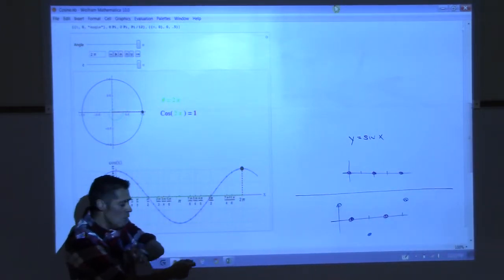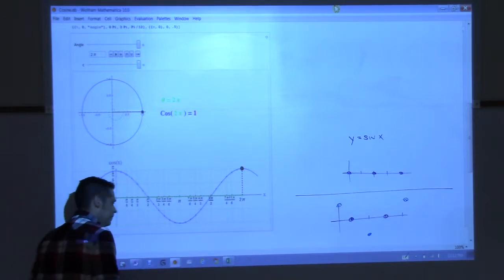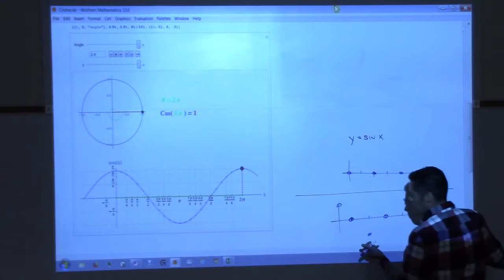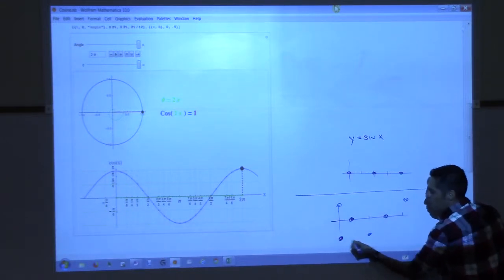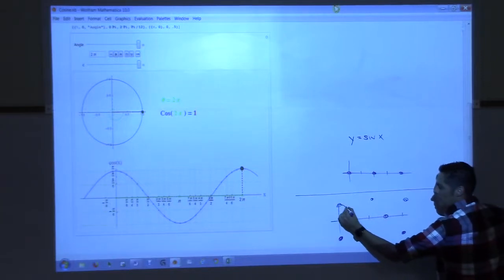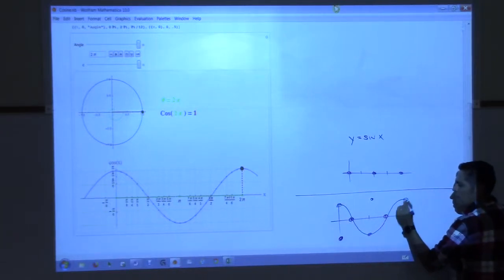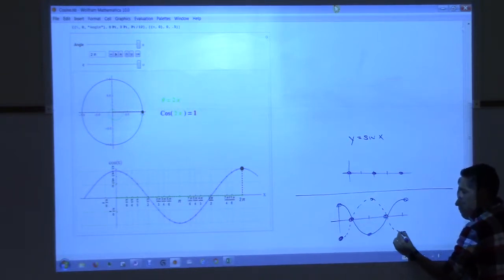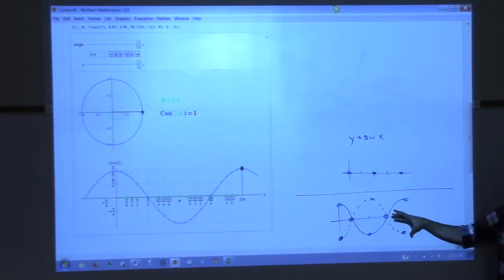Or is it flipped over where we have two low points and a high point? So does it look like this? Or does it look like this? Do you see the two scenarios we have?